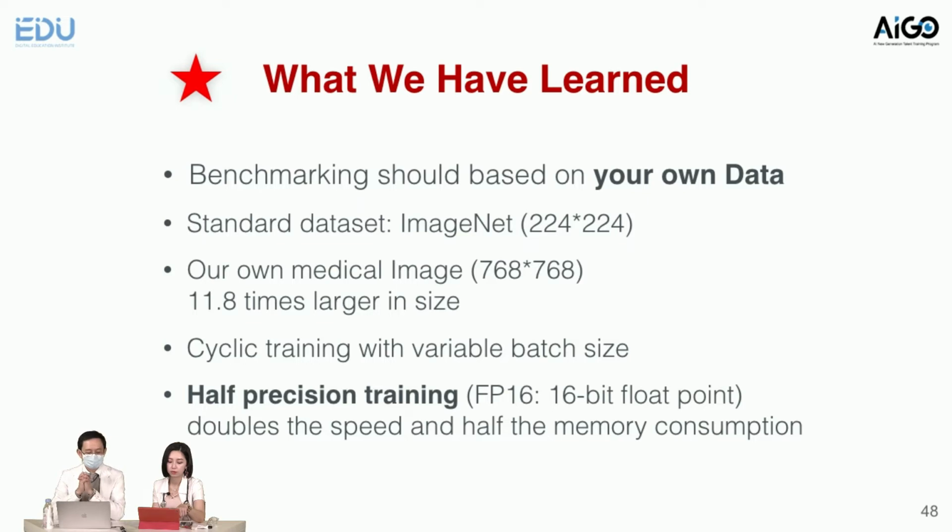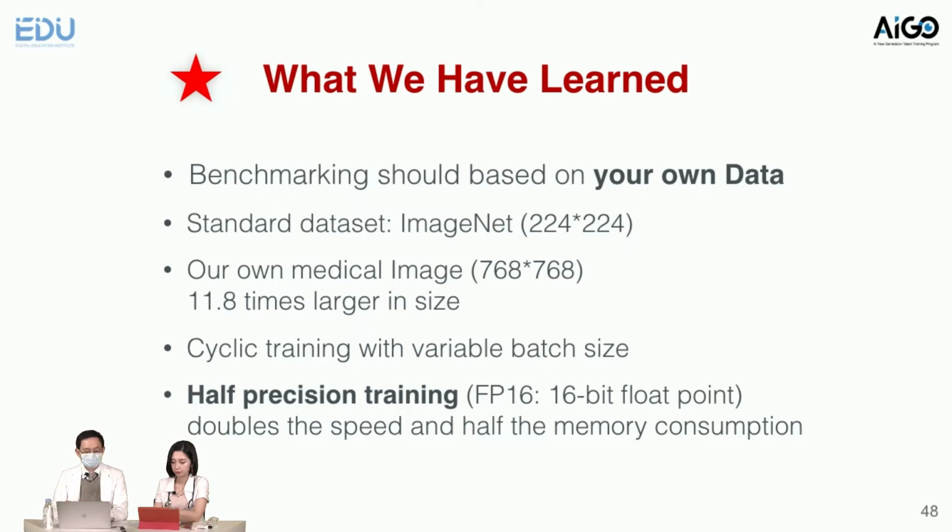And one thing, I think that this is very important, is to use half precision training. Half precision, also called FP16. It means 16-bit floating point. Because the normal precision is floating point 32-bit, and 16-bit we call half precision.